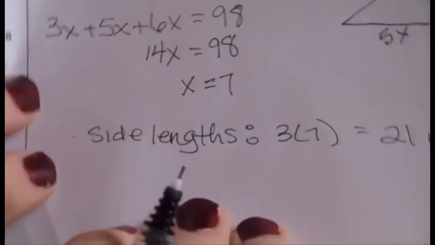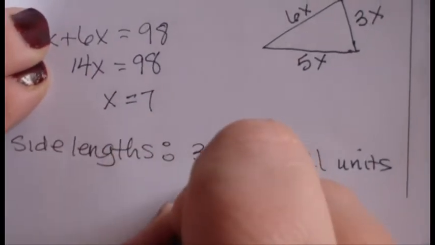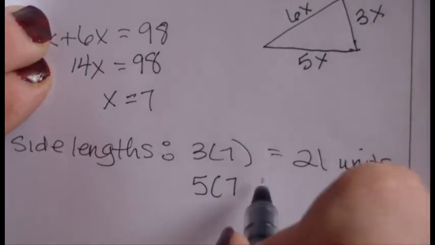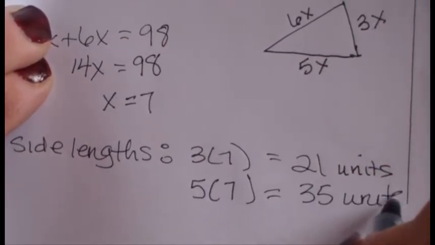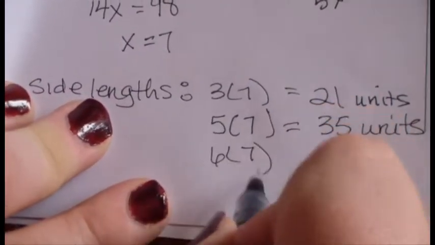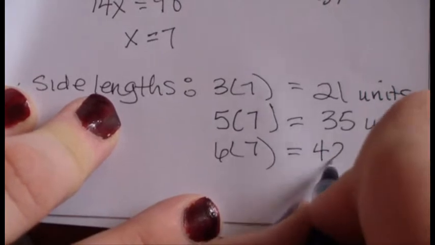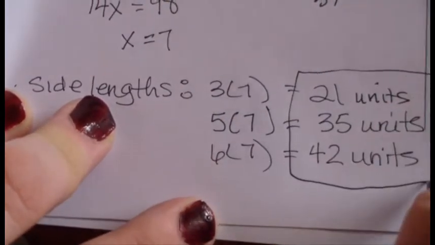The next one was 5x, so 5 times 7, which is 35 units. And the last one was 6x, so 6 times 7 is 42 units. So those are your side lengths.